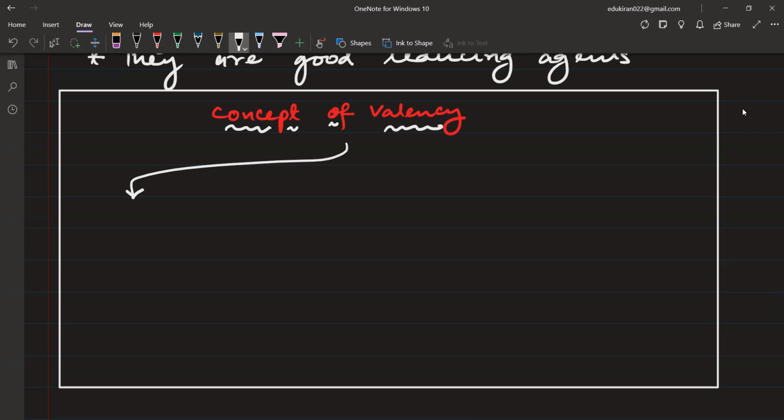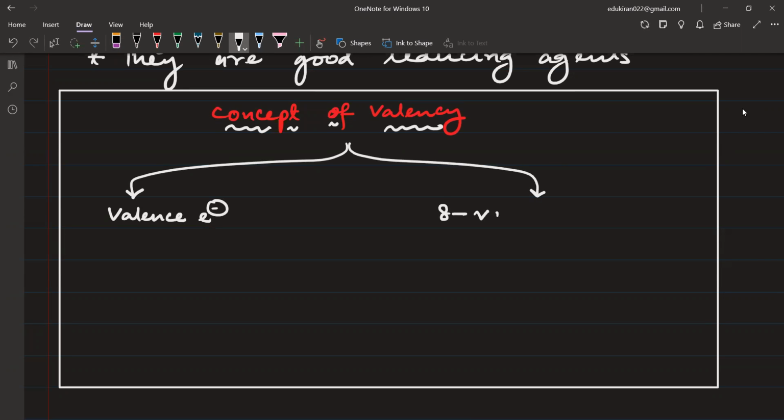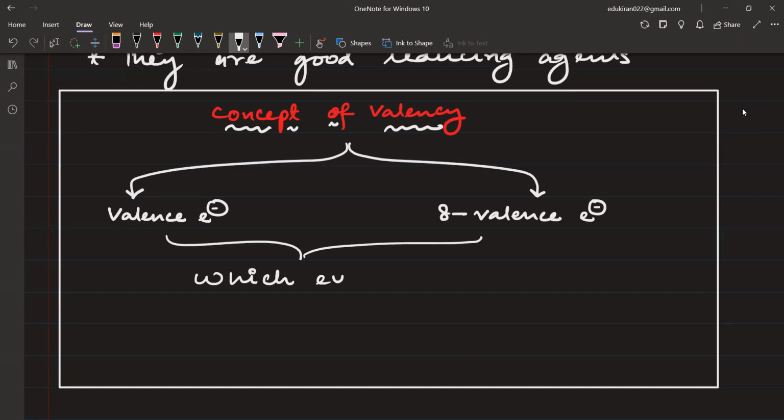So valency can be either the number of valence electrons, or you calculate the value of 8 minus valence electrons, whichever is lower. That lower value is the valency.